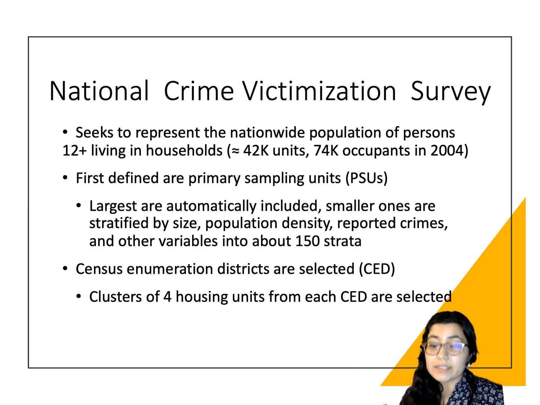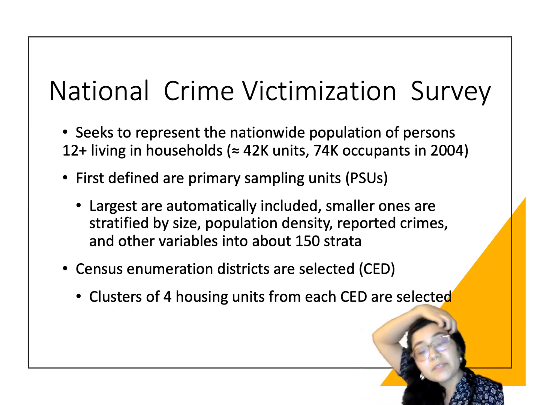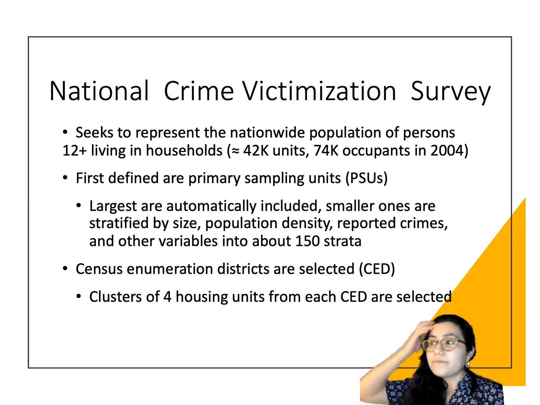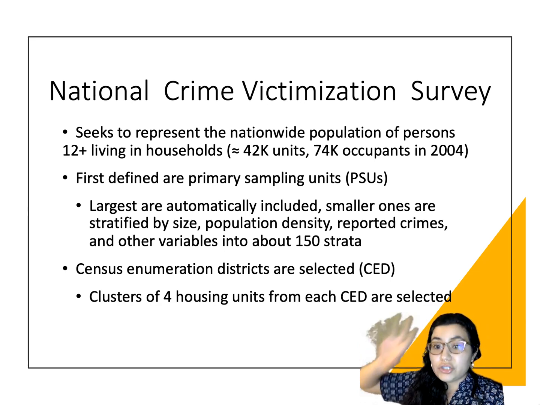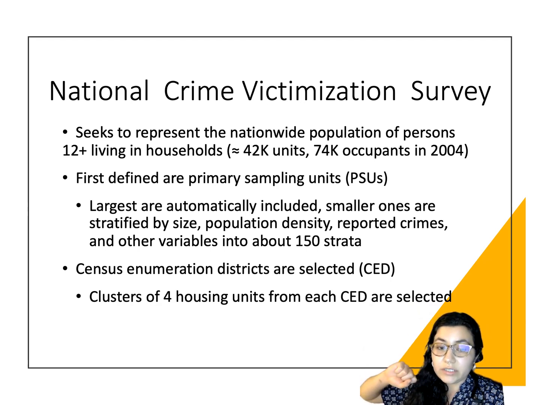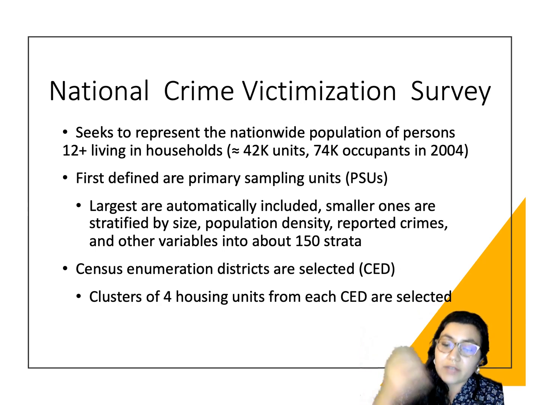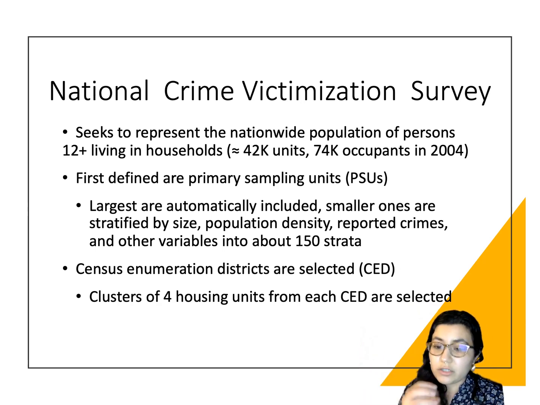So that's where the randomness comes in. The first part of the sampling is to organize these geographic areas in a way where they're representative of the entire population, and to choose in a systematic way which ones get included. And then the randomness comes in: okay, if we have these smaller units, which are we picking? And that's where the randomness occurs.